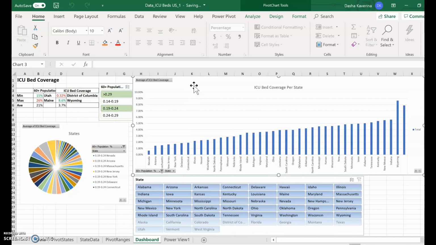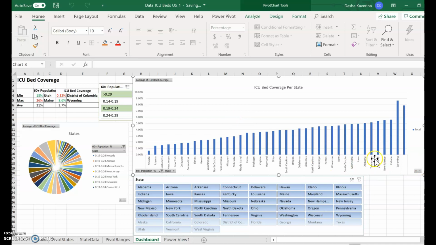So here I have my bar chart with all the states, and on the y-axis is the ICU bed coverage. So the lower the bar, the higher the state is at risk of not having a sufficient amount of ICU beds.